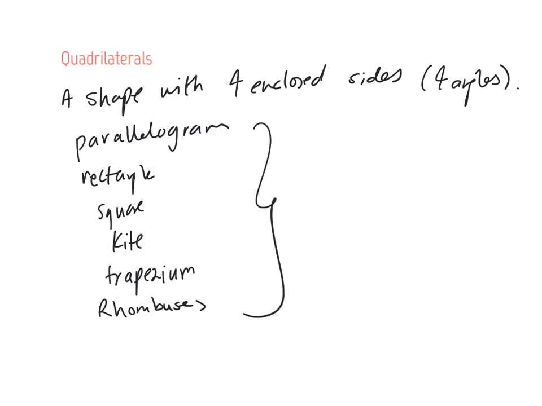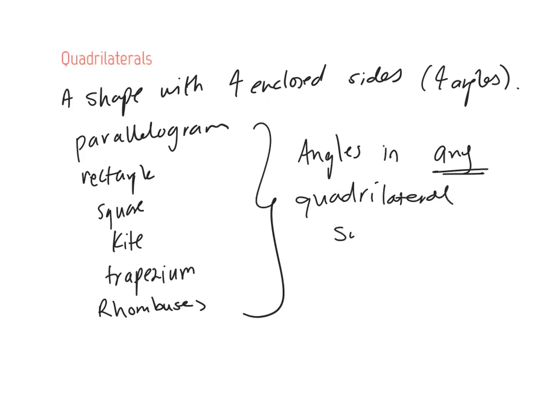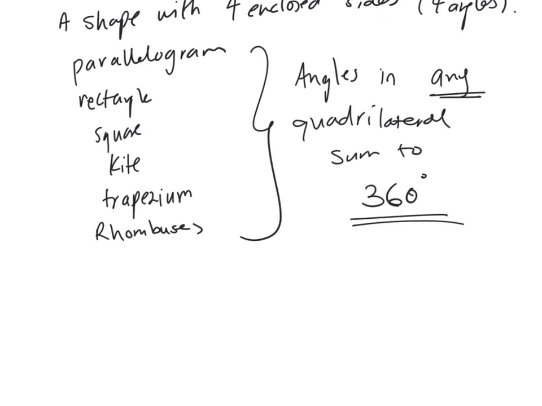And the rule says that the angles in any quadrilateral, regardless of which of these we're looking at, sum to 360 degrees. So a triangle sums to 180, a quadrilateral sums to 360.